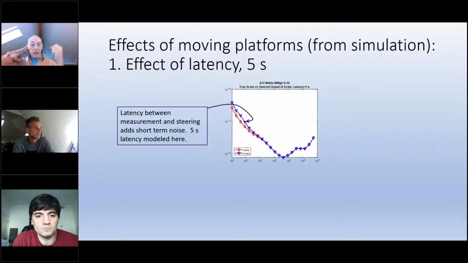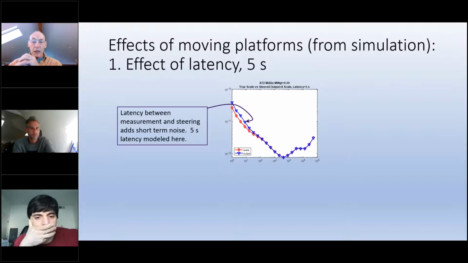Okay, so now I'm going to talk about if you've got a steered clock and you're trying to realize the steering on moving platforms. There's going to be a latency between when you do the measurements and when the steering is realized. This is exaggerated a bit.